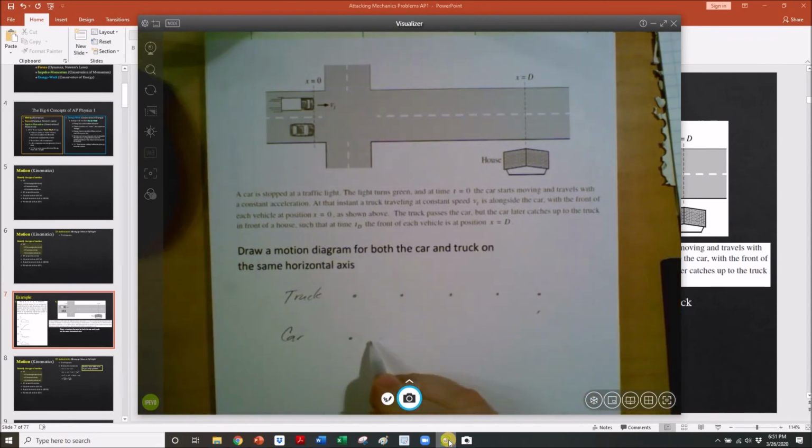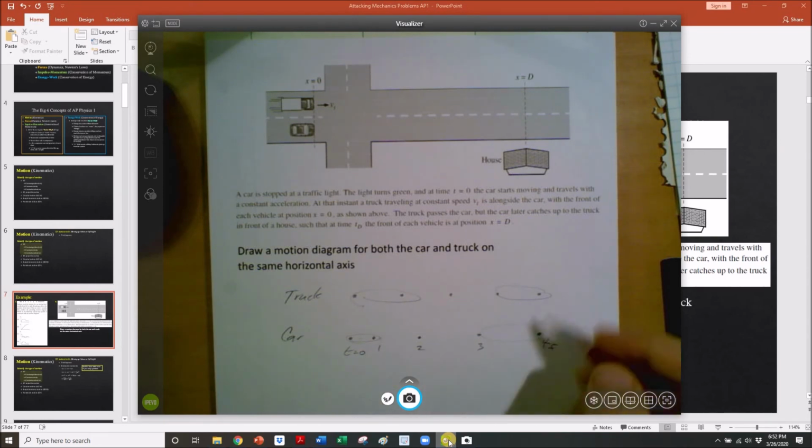So here's 1, 2, 3, 4. This is time equals 0, 1, 2, 3, 4 seconds, and this is just an approximation of what the answer would look like. The truck has the same spacing, same speed. The car is going slower, you can tell, and then it's going faster at the end. But it's caught up; they're in the same place at the same time.